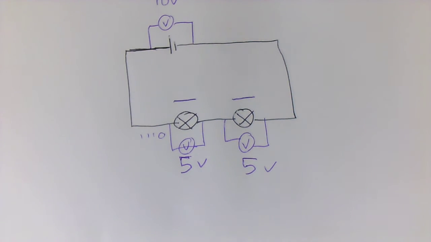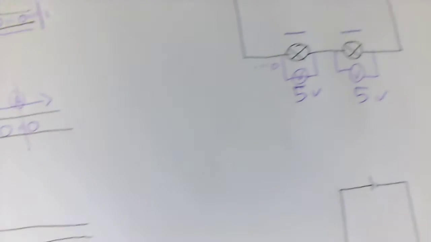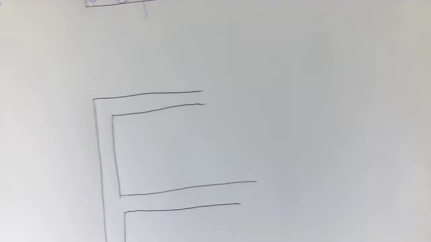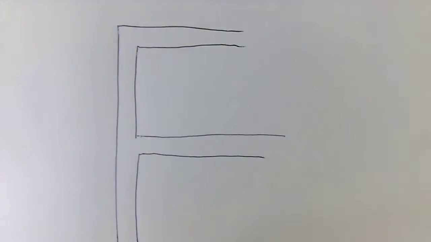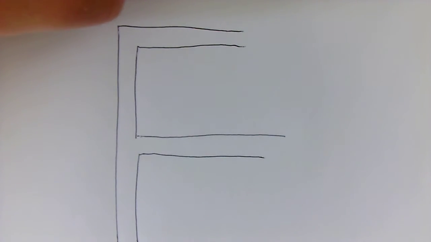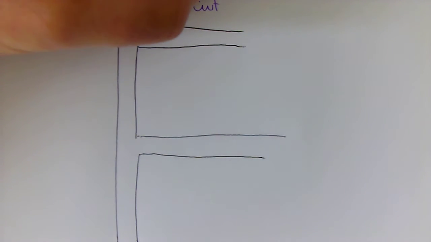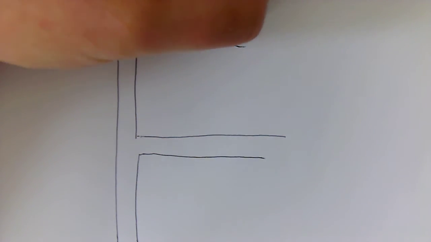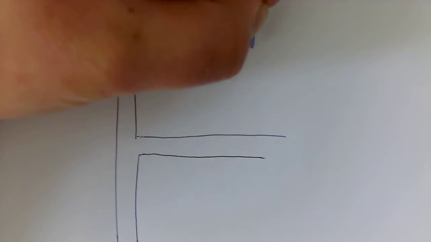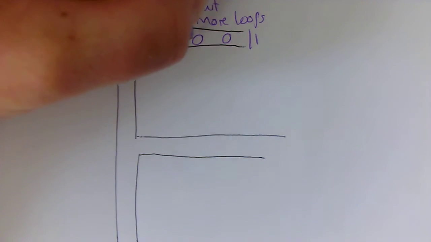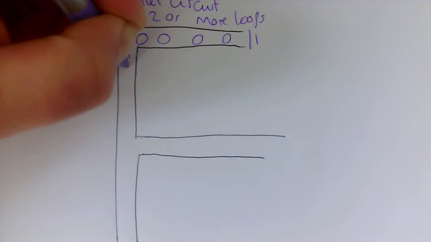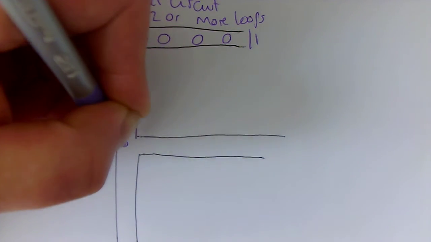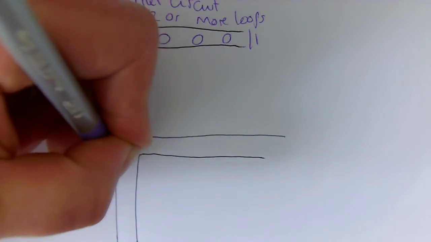Whereas, if we have our parallel circuit, and our parallel circuit has 2 or more loops, this is where our current comes down, and now it has a choice. It can either go this way or it can go this way.